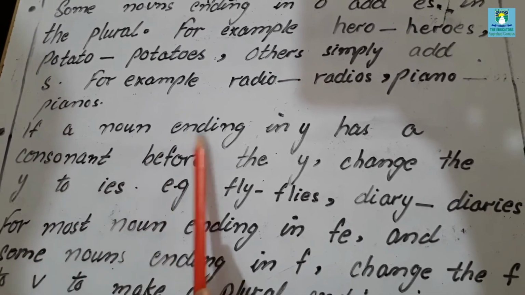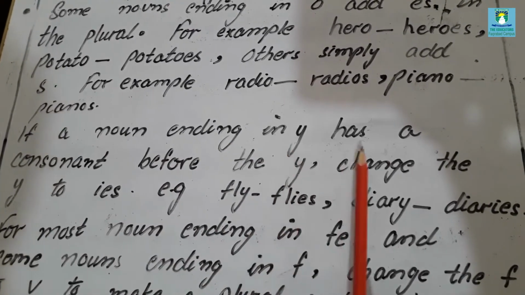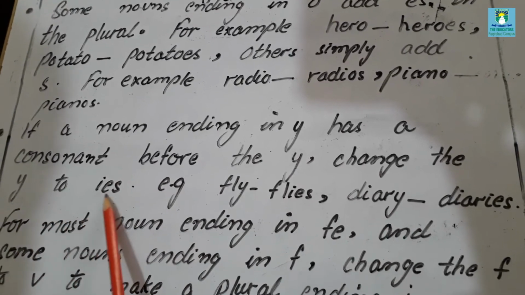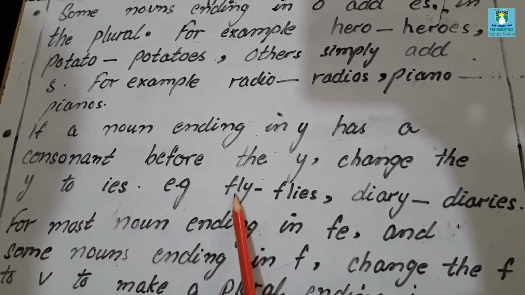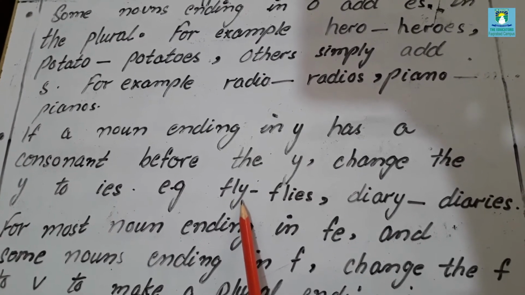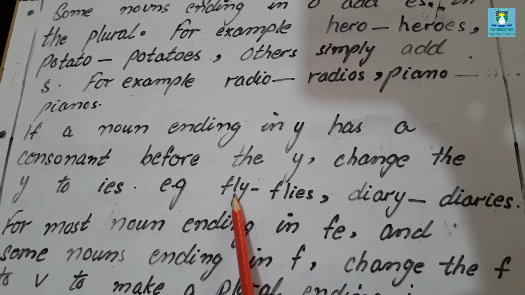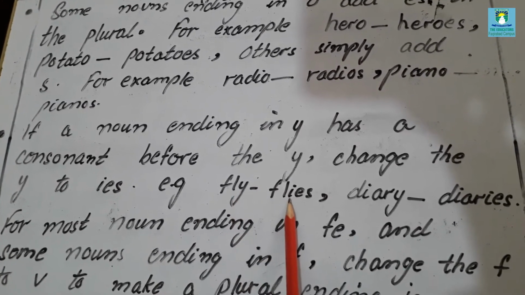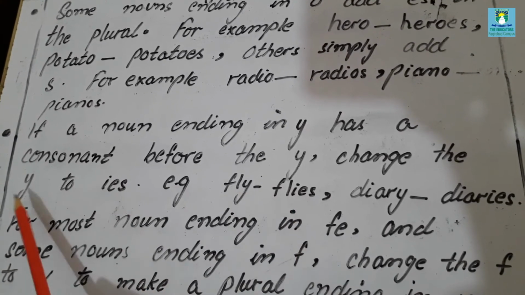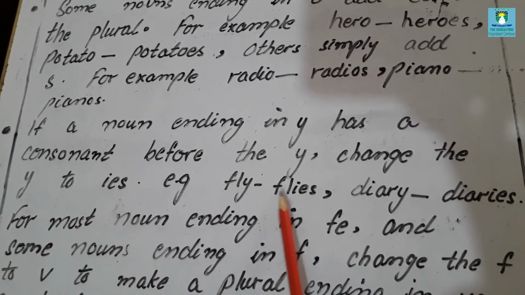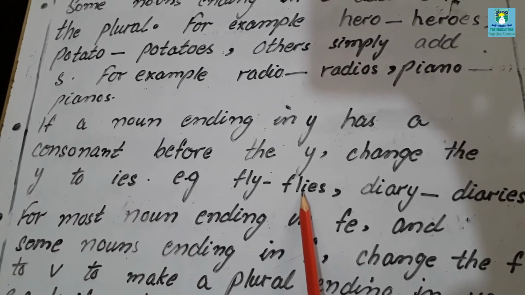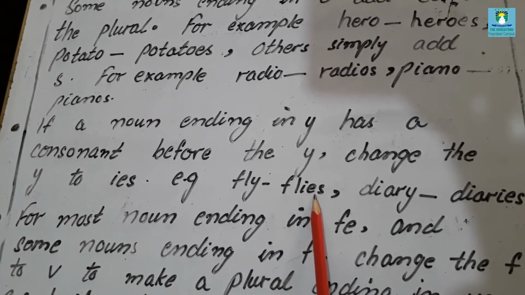So if a noun is ending in y and has a consonant before it, change the y to ies. For example, fly. Look here, it is ending with y and before y it has a consonant l. So I can make it plural by adding ies. The y changed into ies. I didn't write y here. Instead of y I wrote ies.